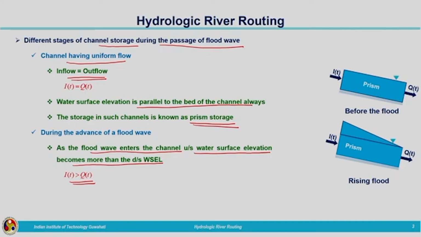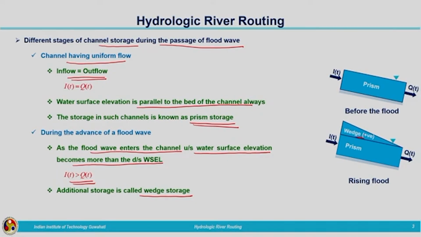Here we are having an extra triangular shape storage formed due to the advancement of the flood wave at the upstream end. That type of storage, additional storage, is called wedge storage. So, this is represented by the wedge storage.